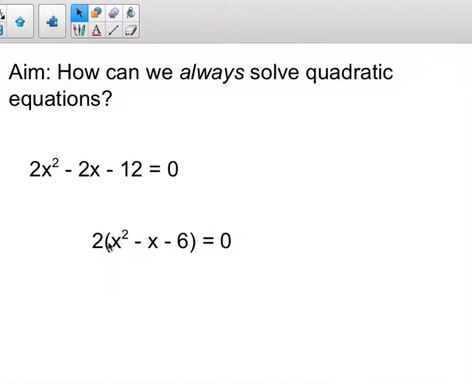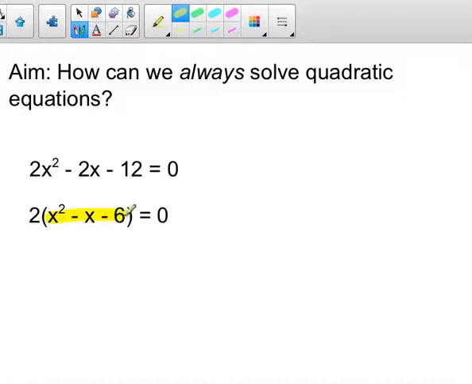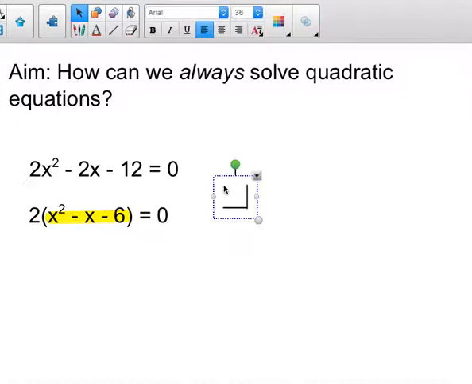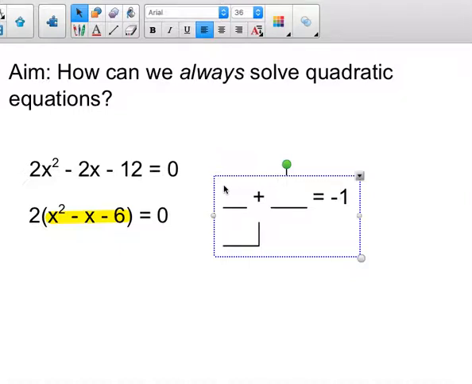And then I want to focus on this piece that's inside the parentheses. I can factor that even further because I've got that setup of 1x squared, and then I've got a minus 1 as my b and a minus 6 as my c. So I'm going to look for two numbers that add to negative 1 and multiply to negative 6.